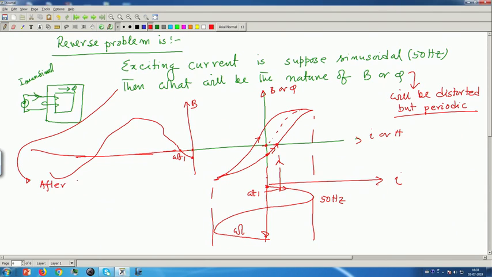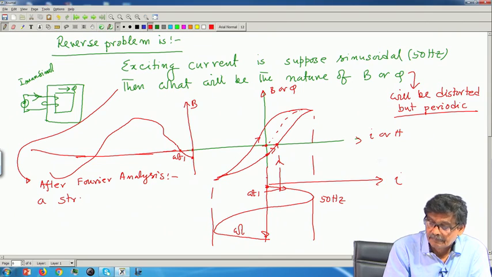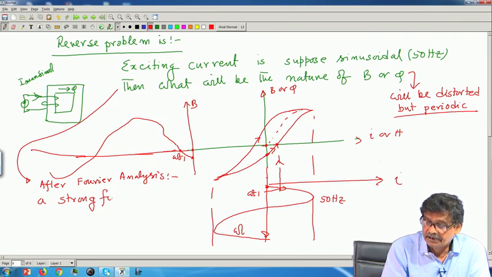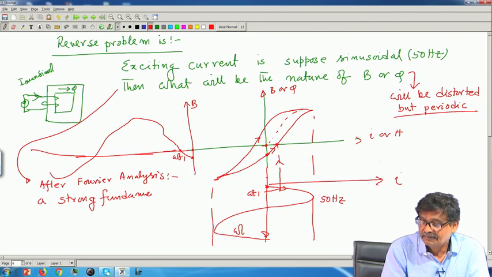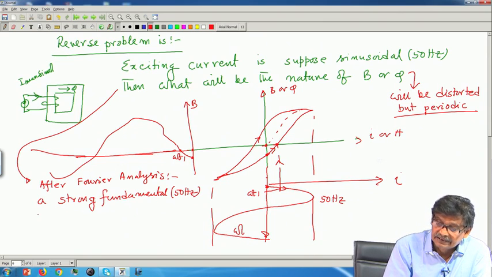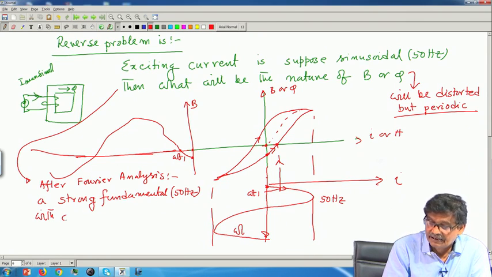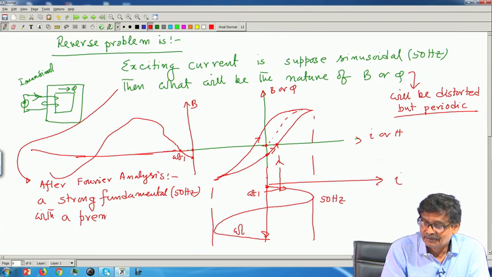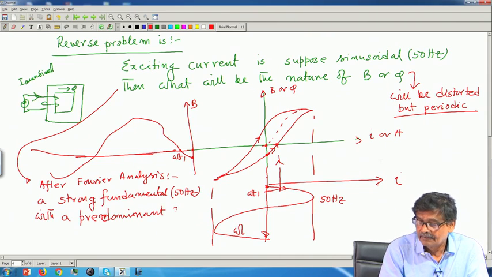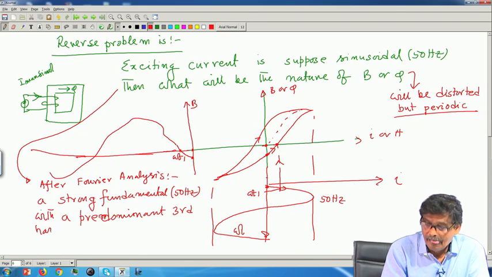After Fourier analysis, you will come to the conclusion that a strong fundamental, that is 50 hertz in this case, with a predominant third harmonic component.